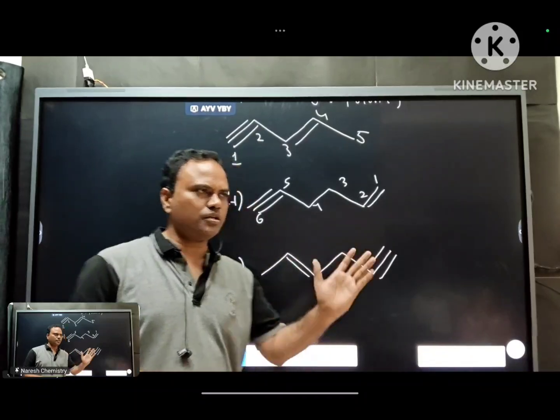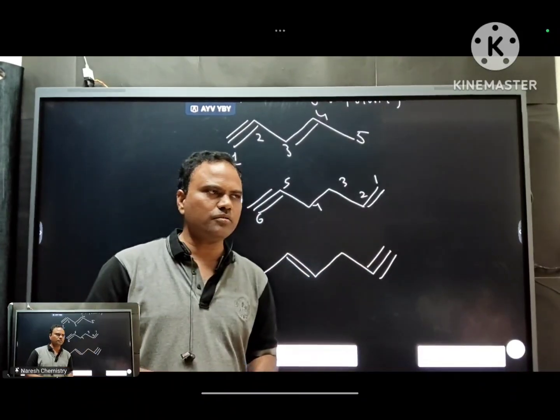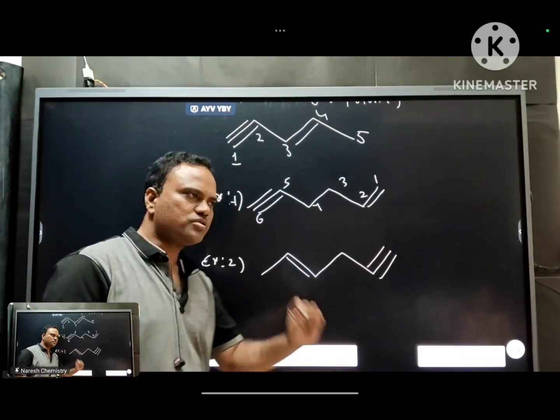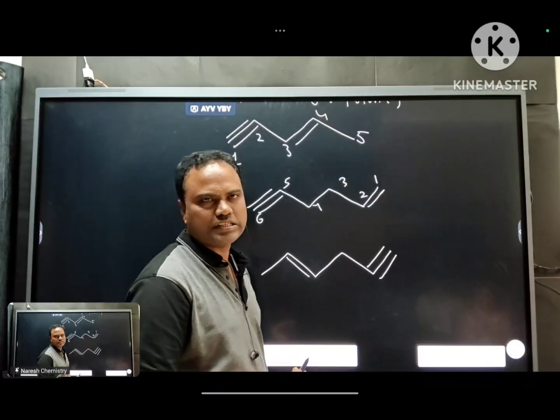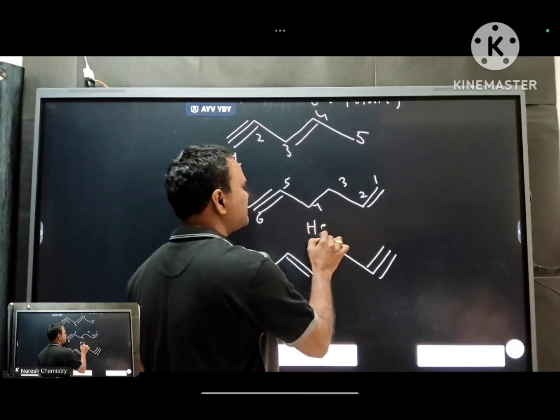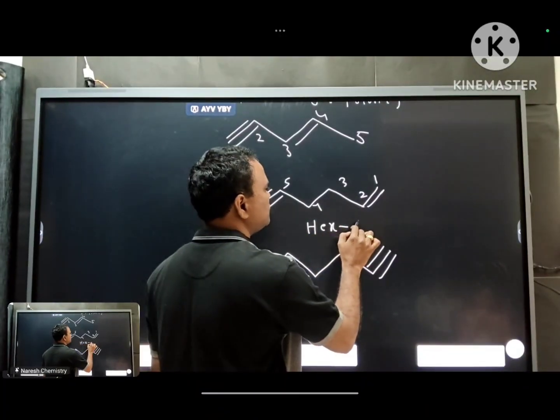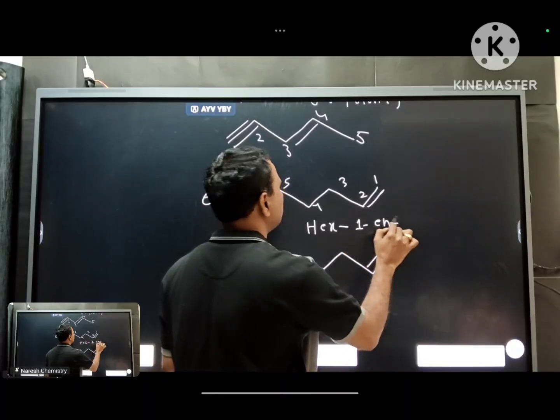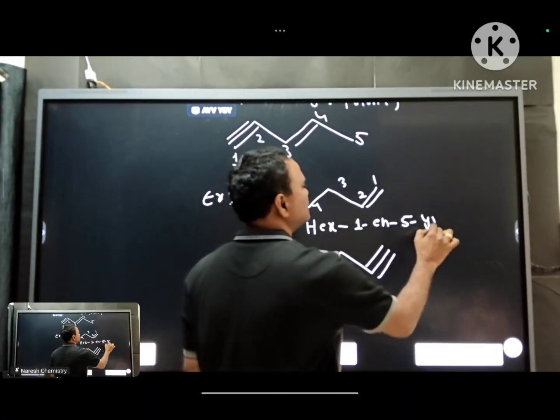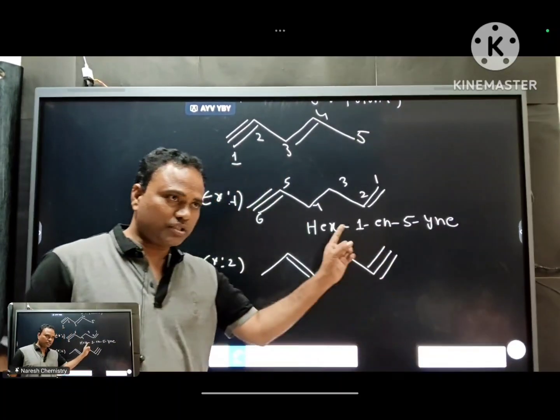See, we know the numbering, numbering is easy only. How to give the name? First write the root word. What is the root word? 6 carbons are present, hex. 1-en, 5-yne. What is the condition?